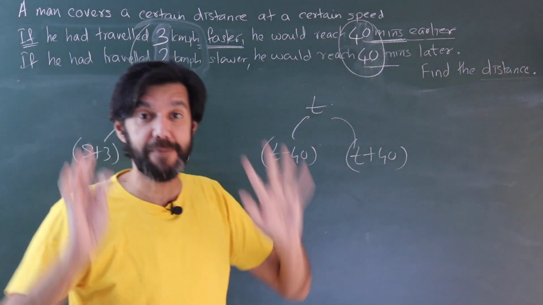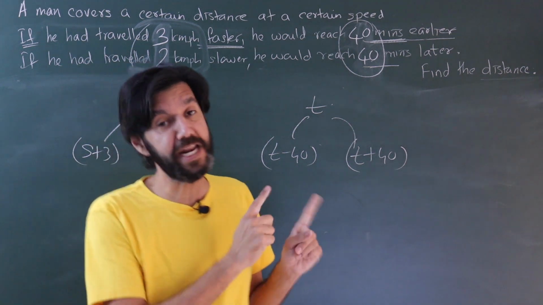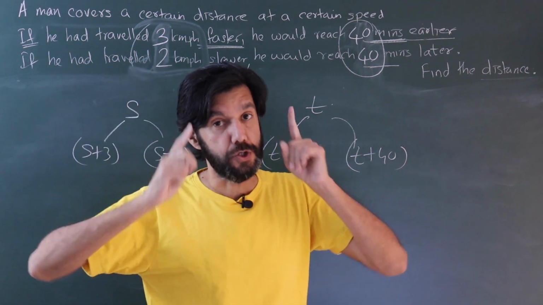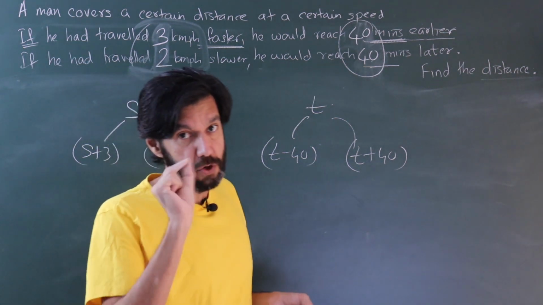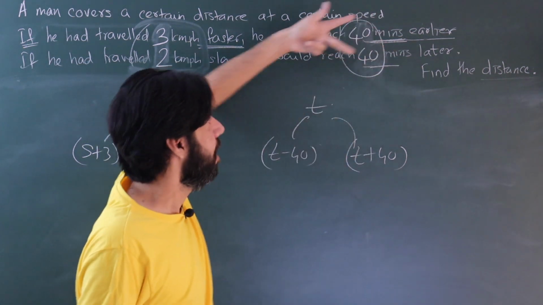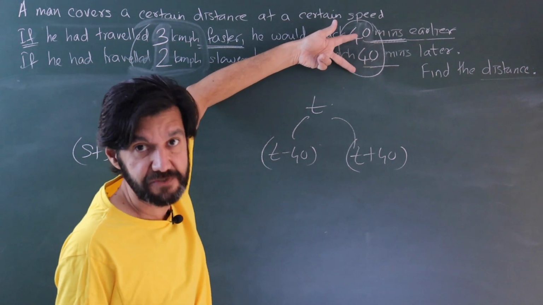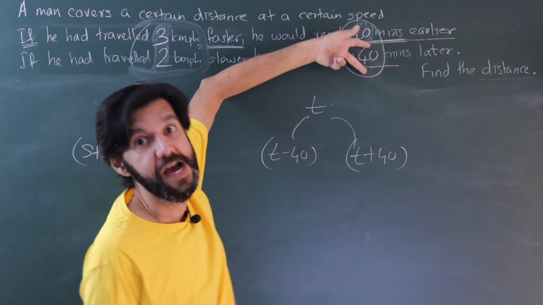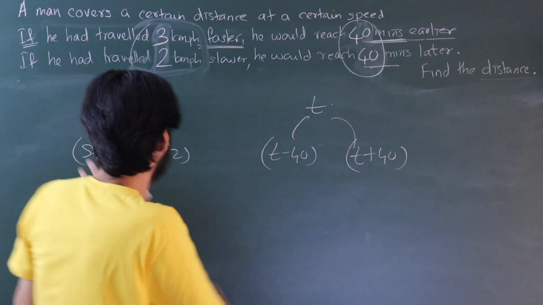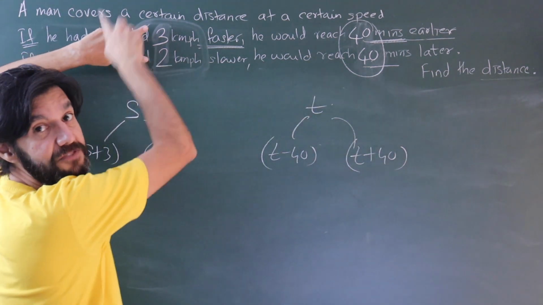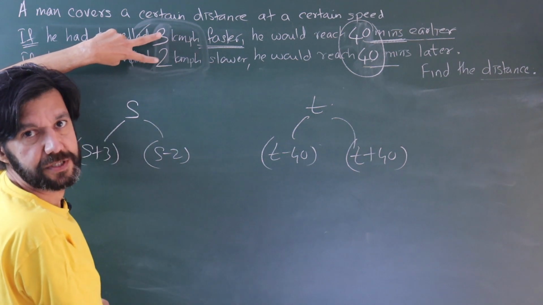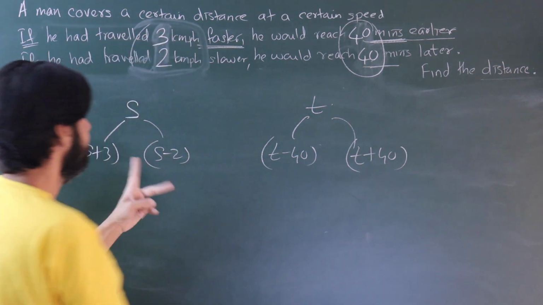Last time I said don't use this everywhere, there is no strong conceptual backing to it. It is only fast working. Because this is a plus 40 and a minus 40, these two ratios will be in the ratio of the other two numeric values, in the ratio 3:2.